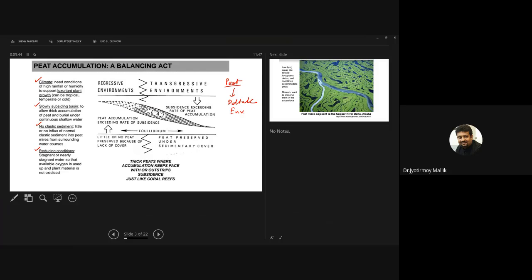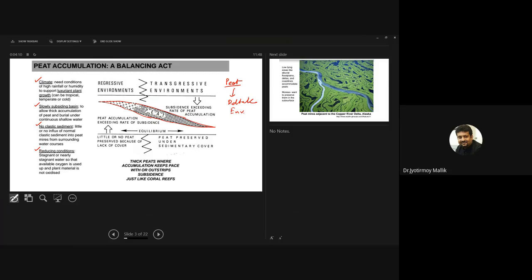So this is a typical accommodation space of peat. Consider this to be a delta in a deltaic environment, and then the high lying part of the delta. What would happen there?